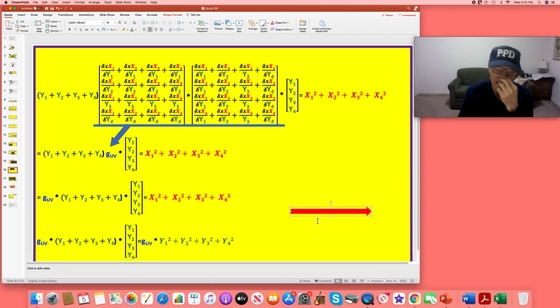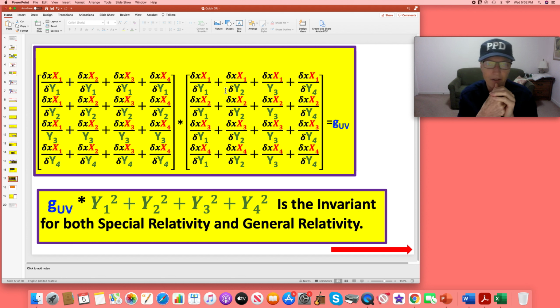Okay, so I repeat this entity here. By the way, I discovered this myself actually, and I didn't know what it was called, but I went looking to see if I could find it somewhere, and I finally found it, and it turned out it was called the Jacobian.